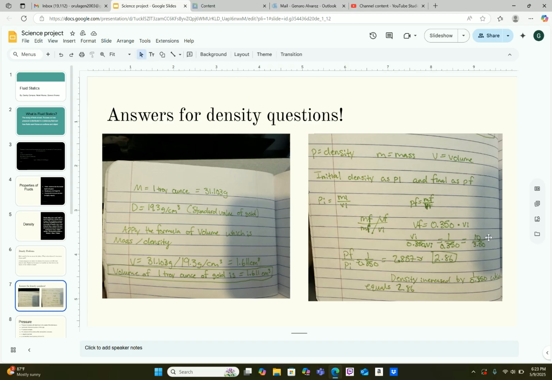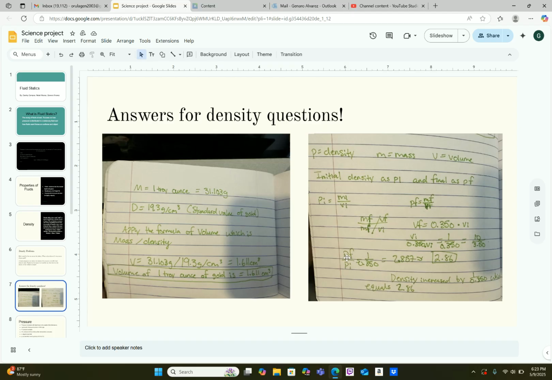And I stopped there just because, granted, you could keep going, but we're not trying to find our volume. We're just trying to find our density, our initial density, excuse me, because we already have our final.